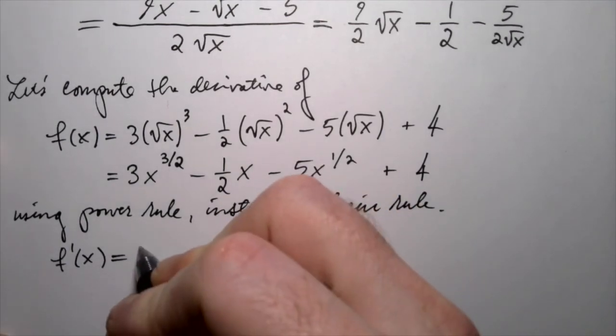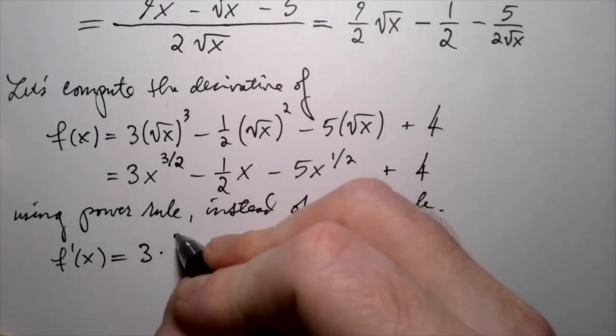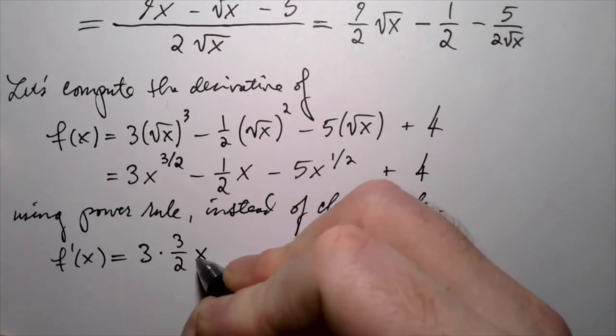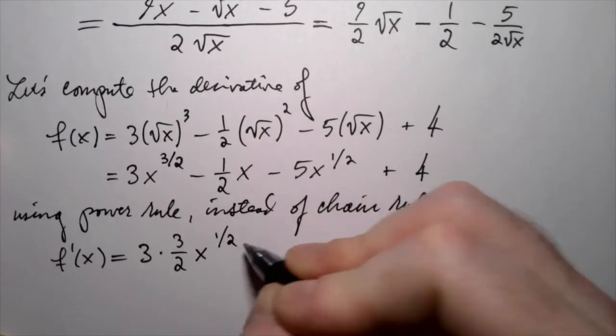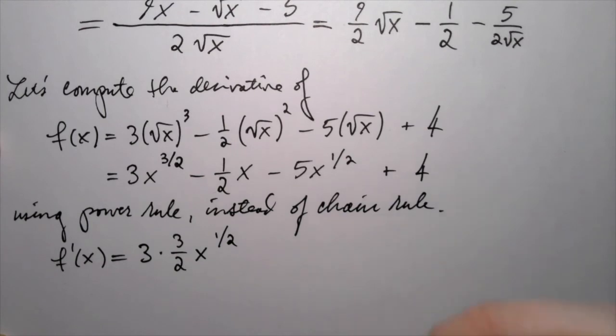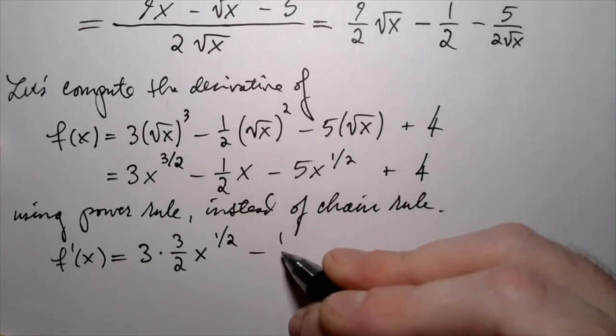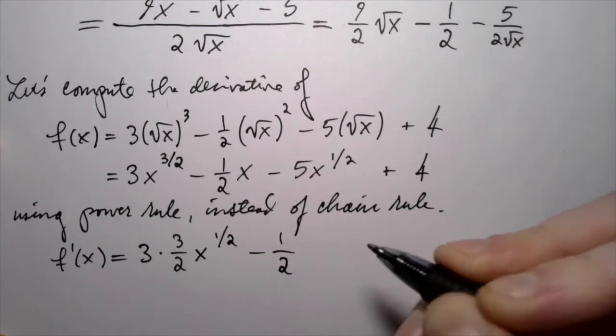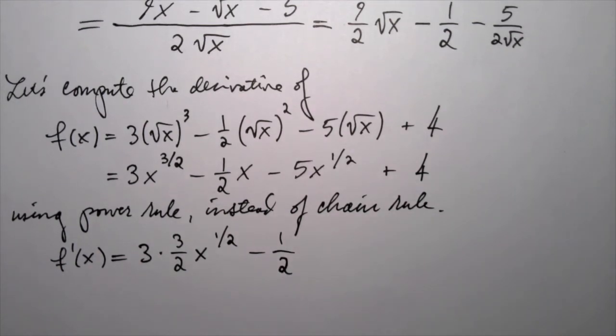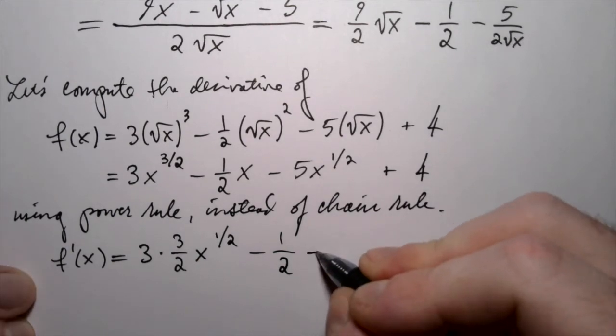Let's compute the derivative using the power rule. We bring the 3/2 down, and then we subtract 1 from the exponent. That leaves x to the 1/2. Next up, we have minus 1/2 x. That's just a single factor of x. It's a linear function, so the derivative is just that constant, minus 1/2, up front.